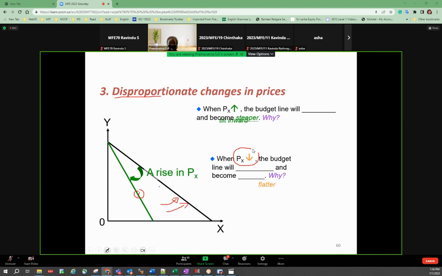When the price of X increases, the budget line rotates clockwise. So that's the same example we did before. I think I have some more examples.